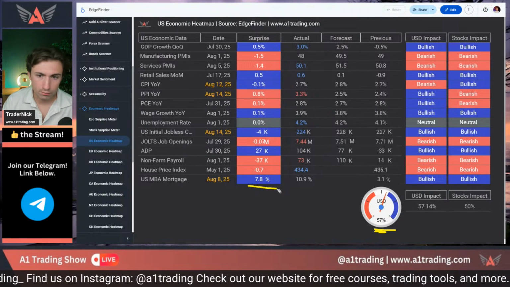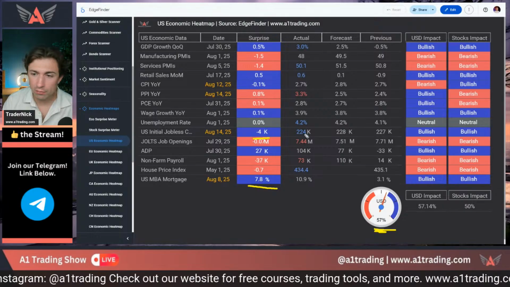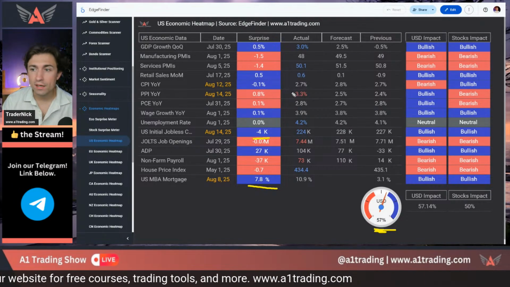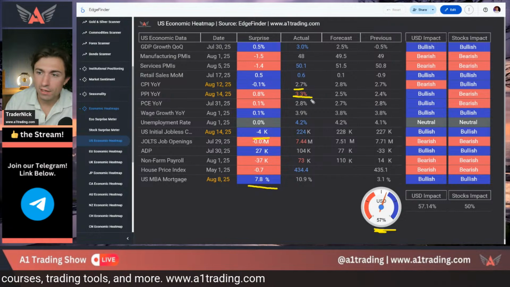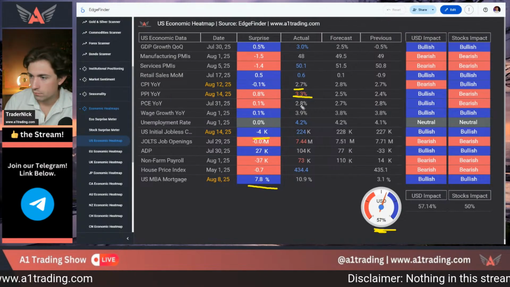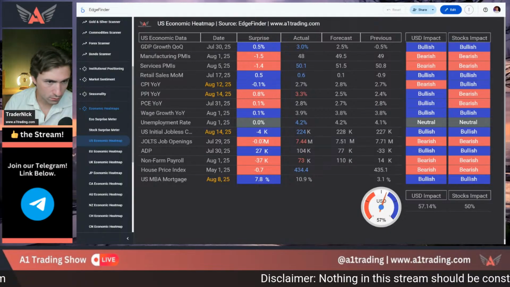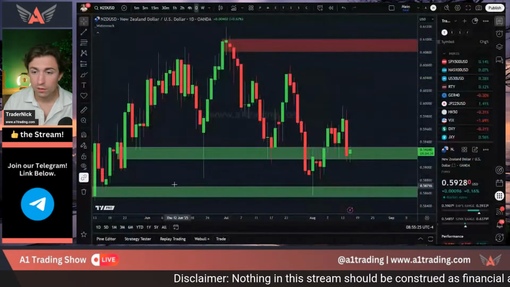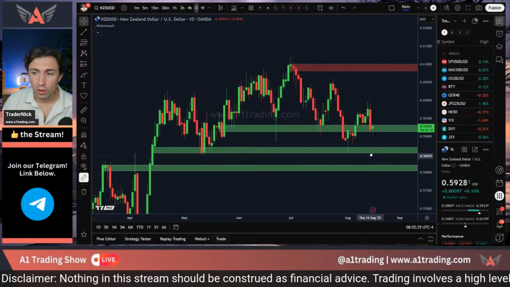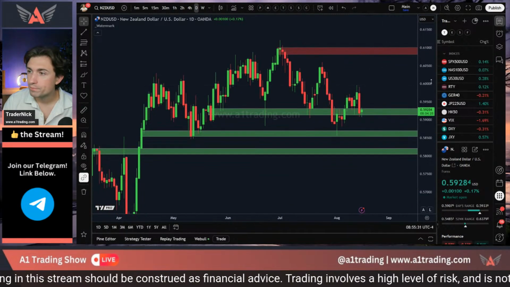Some mortgage data. We had jobless claims. CPI came in a little bit soft. PPI came in hot. Interesting. NZD USD actually looks kind of interesting to me on the long side. I'll keep an eye on this one.